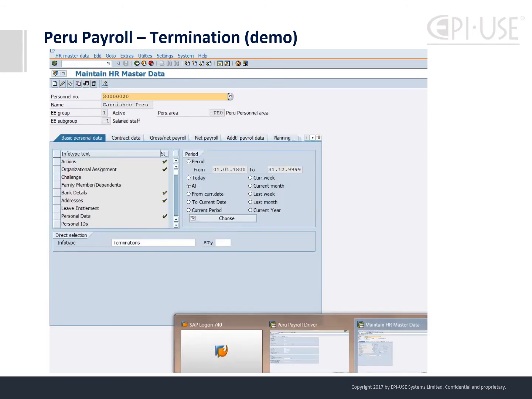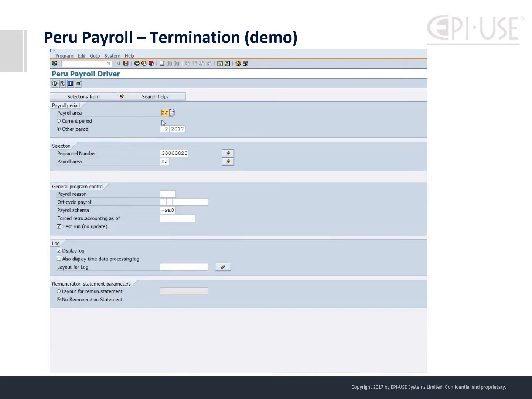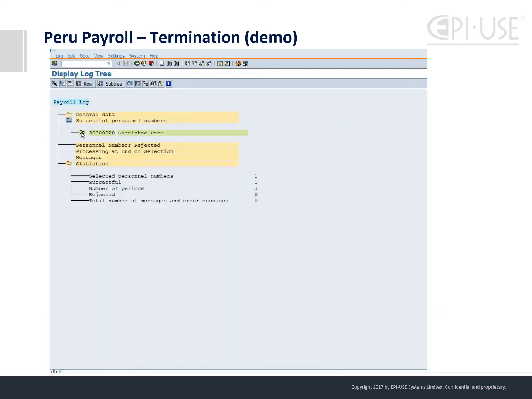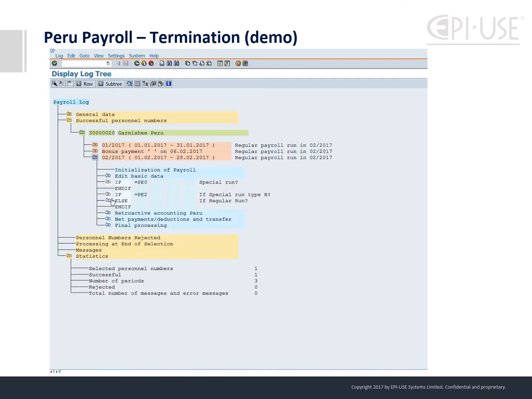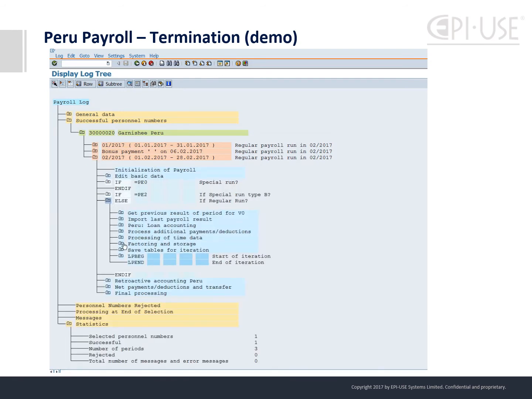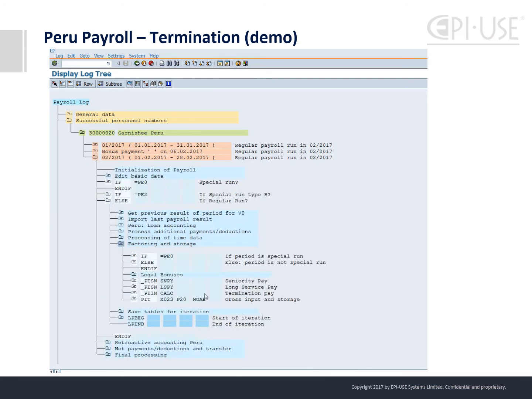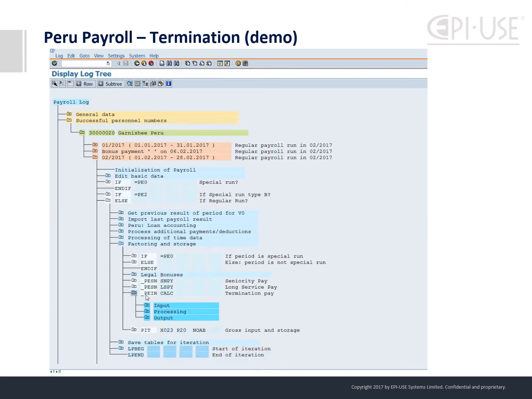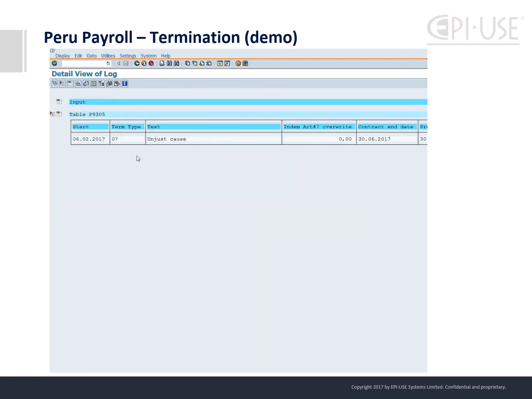So if we go to the payroll again, and we run the payroll for this person in the month of termination, and if we go down in the log, we'll find the section where termination pay is. Again, there is a function, and in here we will see the input table.